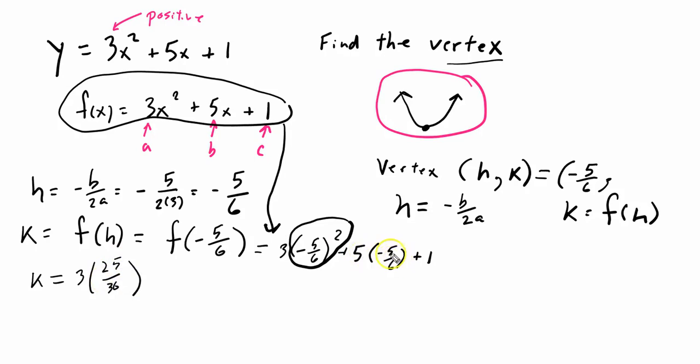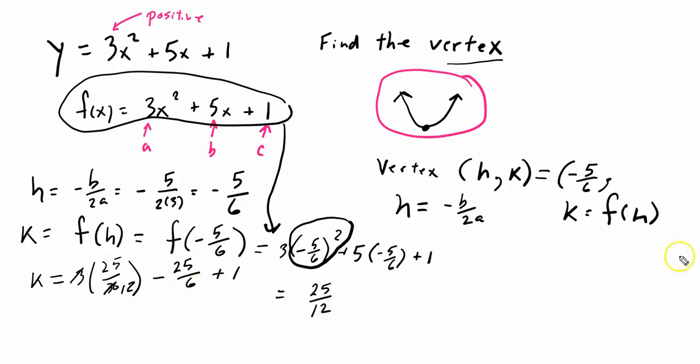And here I'm going to have negative 25 over 6. And I'm just going to have 1. Okay. Now you could put these into a calculator. You're going to need your answer as a fraction because it needs to be an exact answer. But I can see I have cancellation. 36 is 3 times 12. Okay, so I'm going to have 25/12.